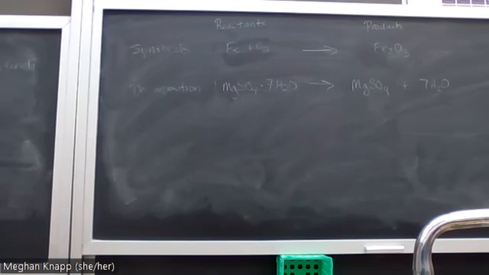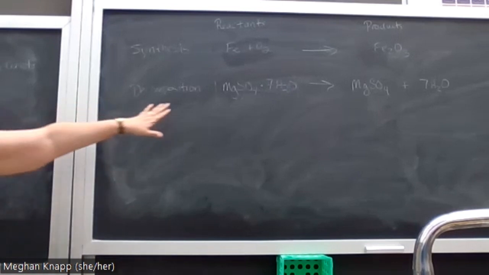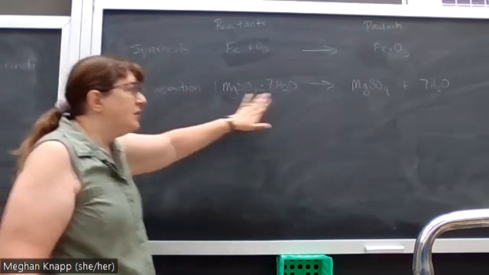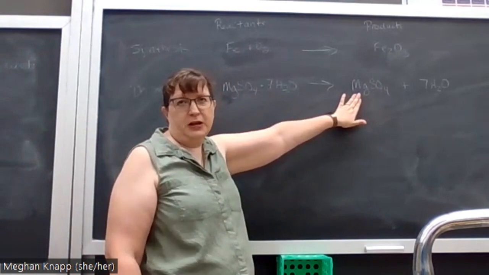Now we can also have decomposition reactions that are going to change where the electrons are. And we'll talk more about this later. In this case, the charge on the magnesium is 2+ here, and the charge on the magnesium is 2+ here.